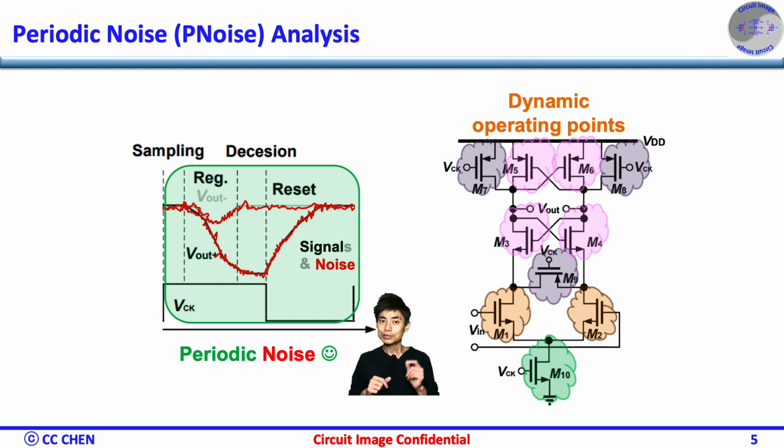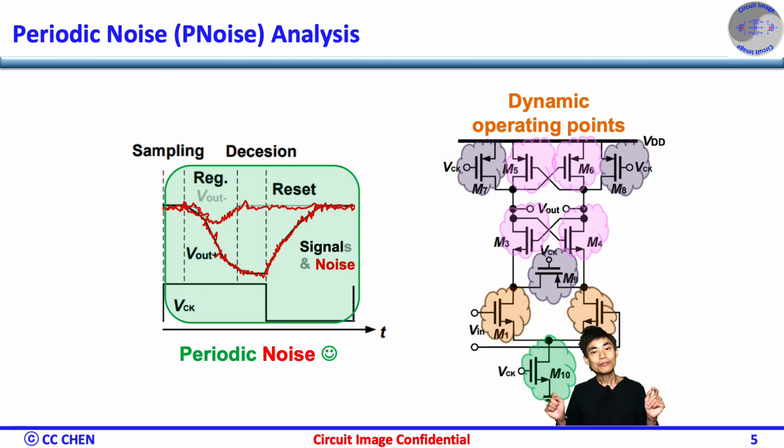The Pnoise should calculate the effect of the periodic time-varying bias point on any device that generates noise across frequencies.